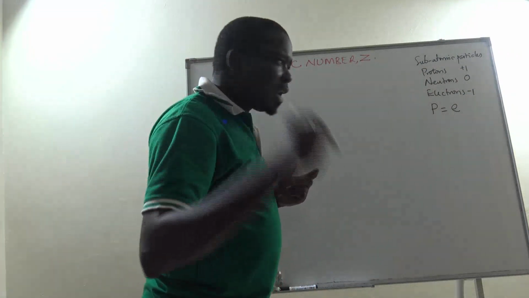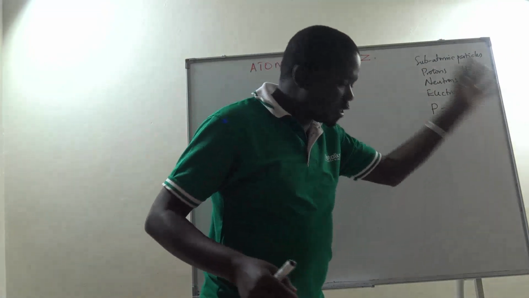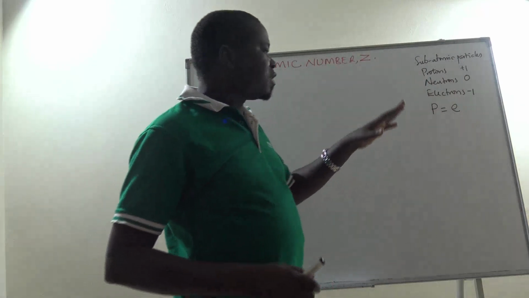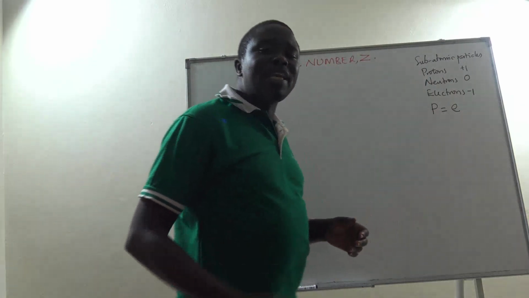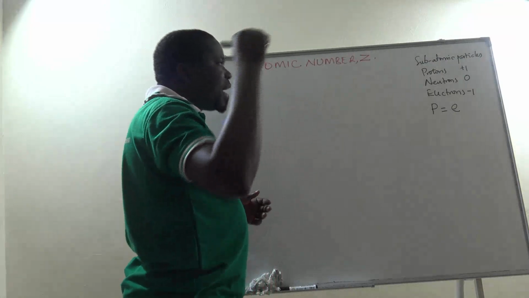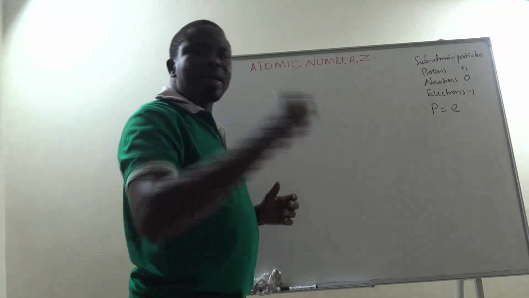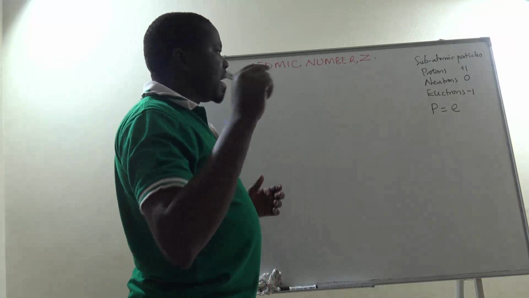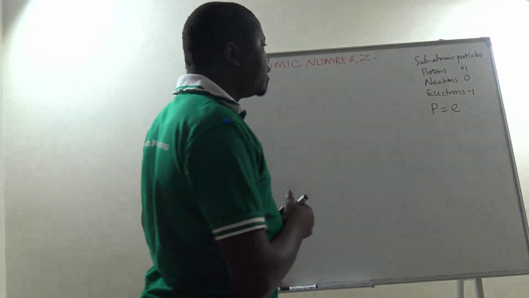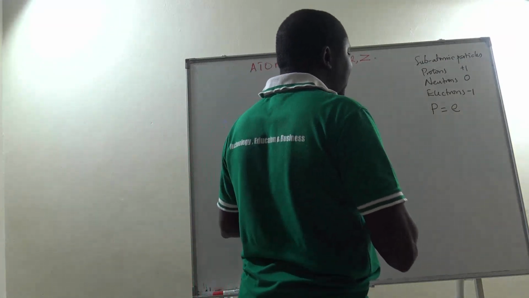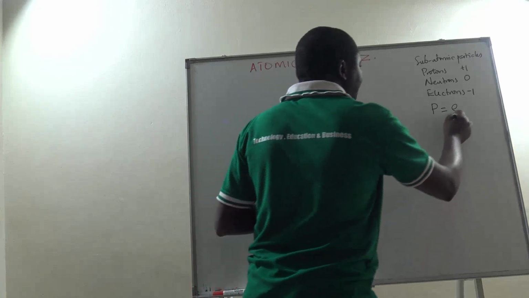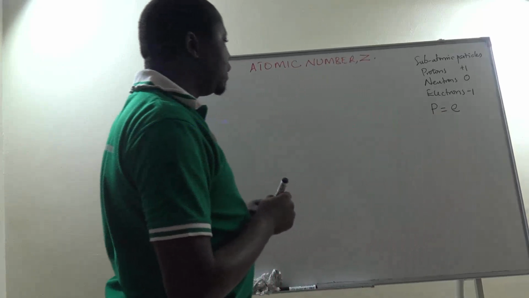So from that shell, some electrons can be lost in a chemical reaction or as a result of a chemical reaction, and sometimes electrons are gained depending on whether the element is a metal or a non-metal, as we shall see later. So basically, in a neutral atom, protons and electrons are equal in number.